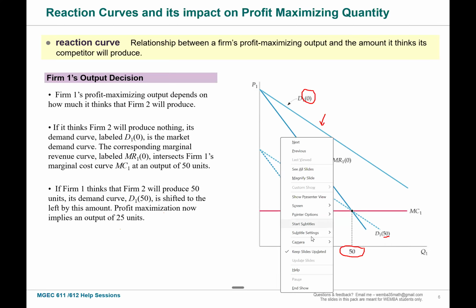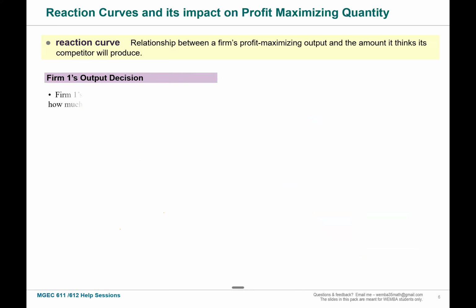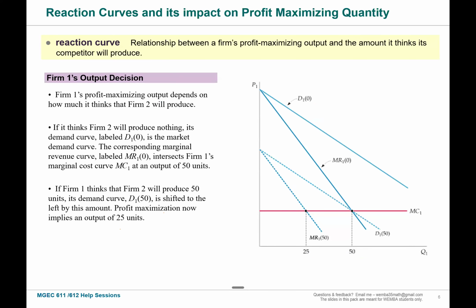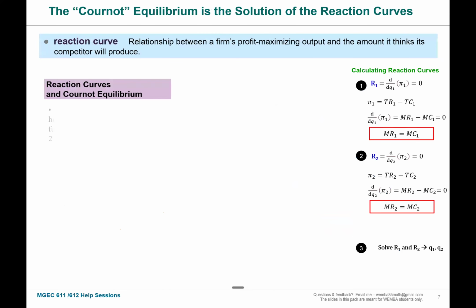So this idea of looking at what the others are anticipated to produce is the interdependency. It keeps going: if firm 1 assumes that the second firm will produce 75 units, then it will produce 12.5, and so on. So this idea of what firm 1 is anticipating is the reaction curve for firm 1.